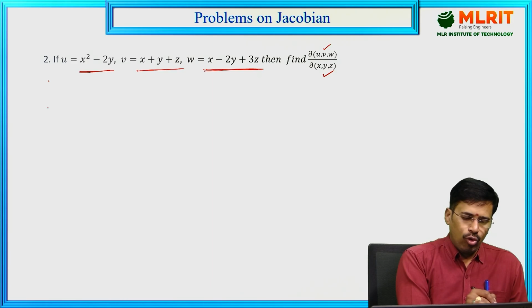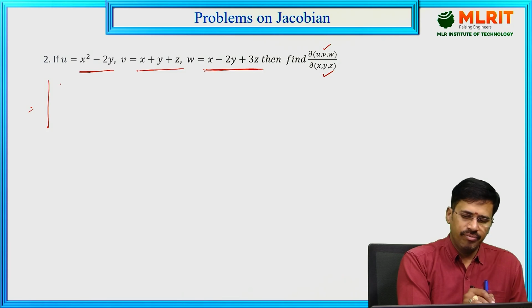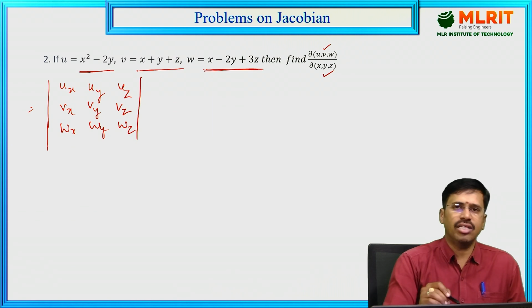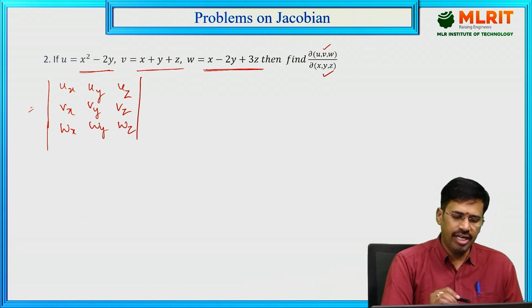So the Jacobian of u, v, w with respect to x, y, z is defined as ux, uy, uz, vx, vy, vz, wx, wy, wz. First, let us find all these partial derivatives, substitute them in, and find the determinant.